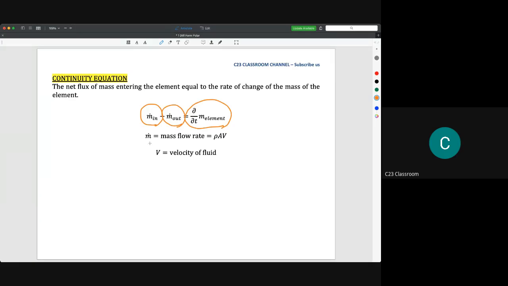The mass flow rate can be calculated by using the idea of rho, A, and V, where rho is the density, A is the cross-sectional area, and V is the velocity of fluid. Please make sure that you really understand how to take the cross-sectional area. It must be perpendicular to the velocity.